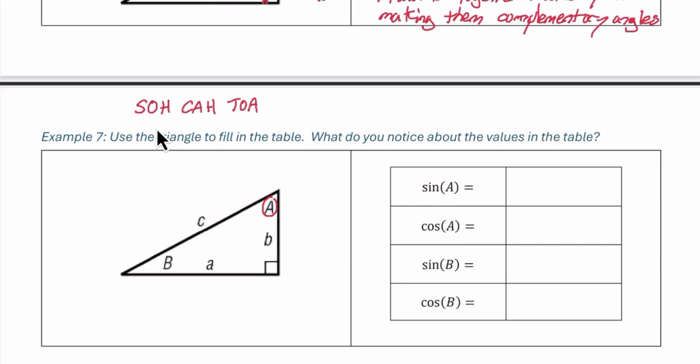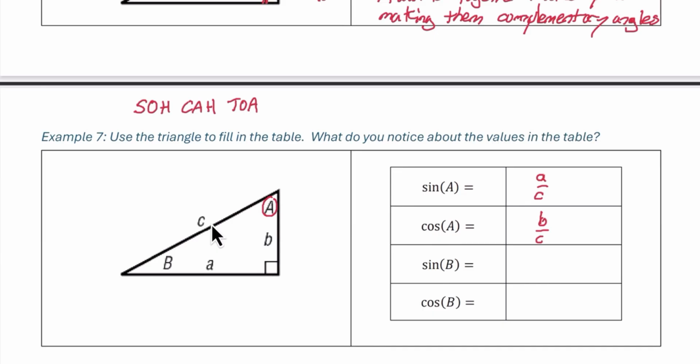Sine is opposite over hypotenuse. Looking at angle A, the side opposite angle A is little a over the hypotenuse C. That is A divided by C. Cosine is adjacent over hypotenuse. So again, focusing on angle A, the adjacent side is B over the hypotenuse C.